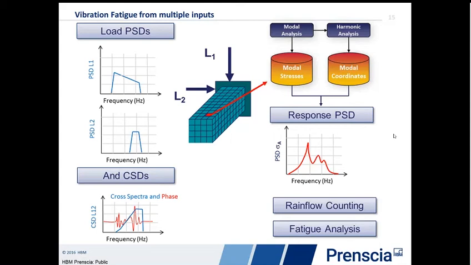So we take the FRFs, we apply our PSDs and cross-correlation matrix, and we can calculate the overall combined fatigue damage. When I do simultaneous PSDs, we're applying all these things simultaneously, summing up the stresses prior to damage calculation. When we look at the virtual shaker table, we're running individual sets of stresses, calculating damages, and superimposing the damages.